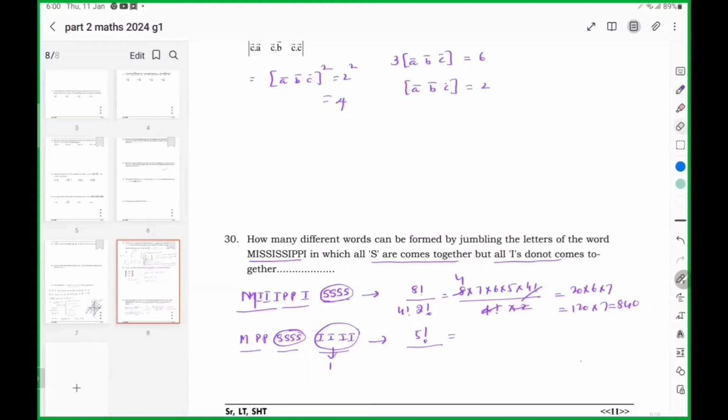Now we treat it as only one unit, so no need of dividing with anything. So which is equal to 120. So total number of possibilities 840 minus 120, which is 720 ways.